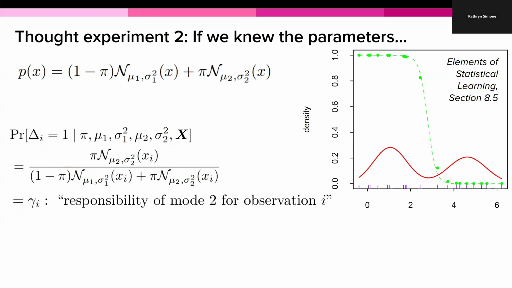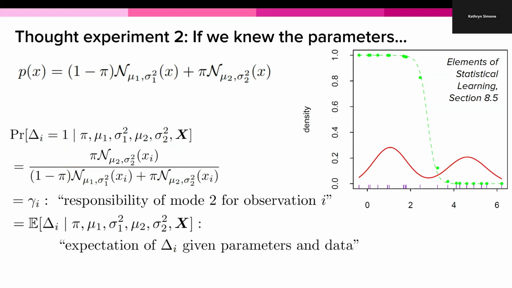In other words, it tells us how much responsibility a particular mode takes for generating a given point. We can think of this responsibility also as the expected value of delta i, which, as we saw earlier, was that indicator variable for whether a sample belonged to one mode or another. So knowing these responsibilities gives us a kind of probabilistic assignment to the clusters, even though we don't know the exact assignment for each point with certainty.